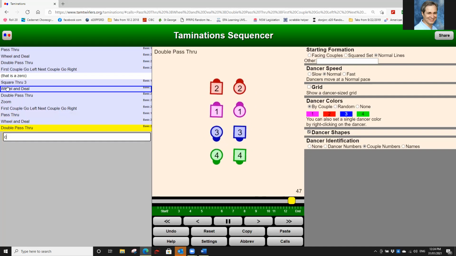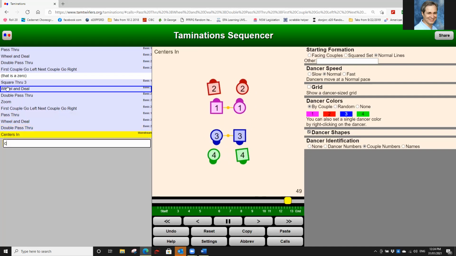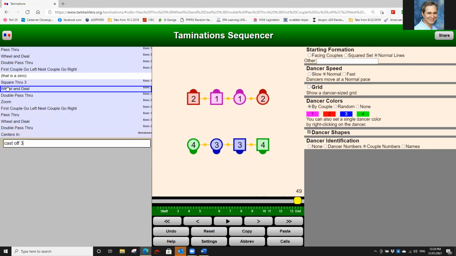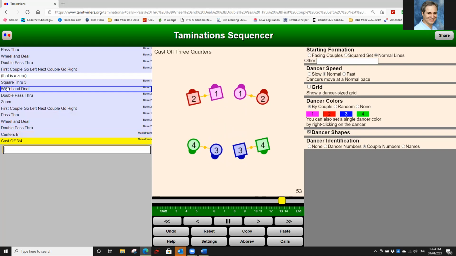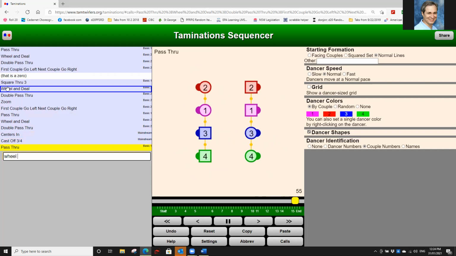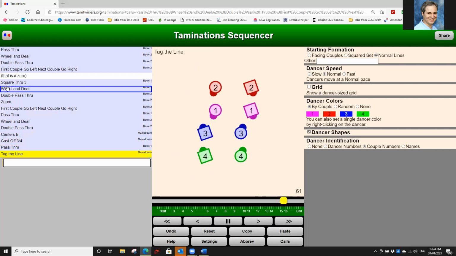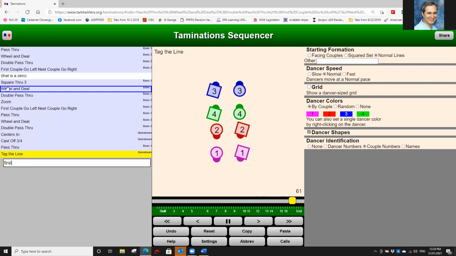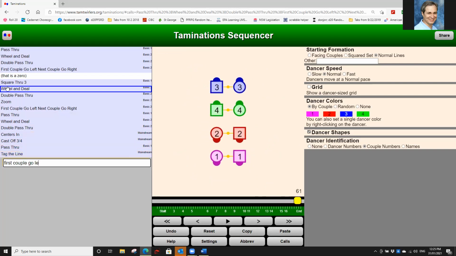Centers in and cast off 3/4. Now pass through. Tag the line. And then first couple go right and left.